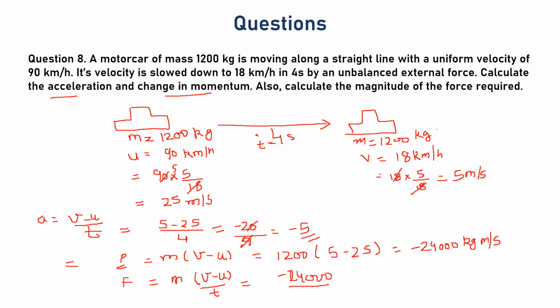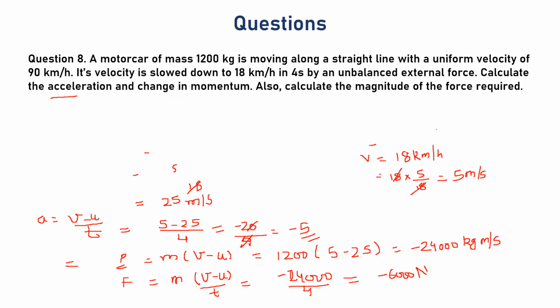T is what? 4, right? So the answer will be minus 6,000 Newton. Fine, students. So this is all we did in this question. I'll clean the screen and the answer will be shown to you after this. And this is the end of the session.